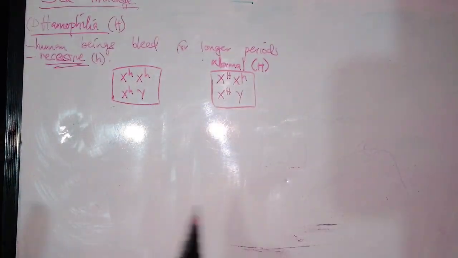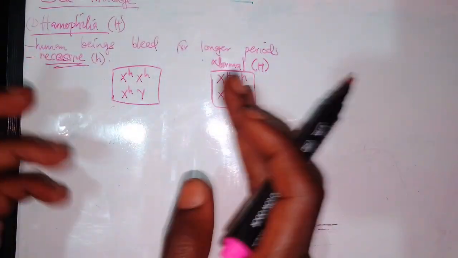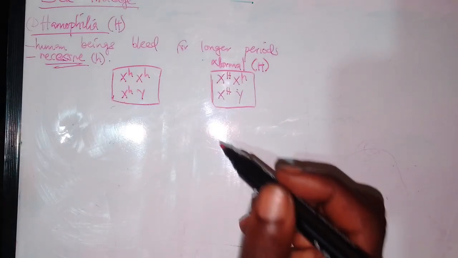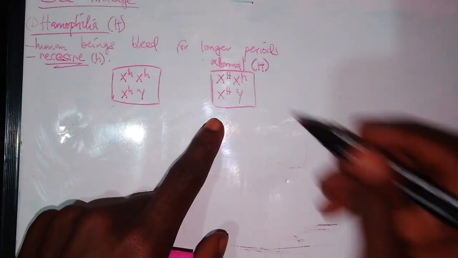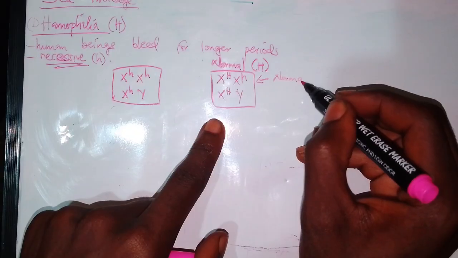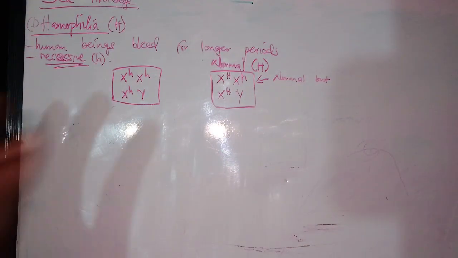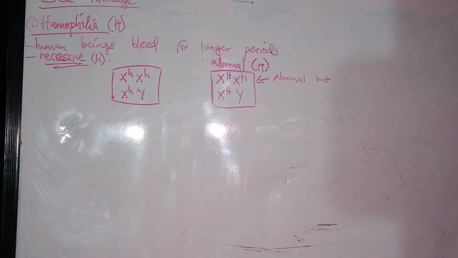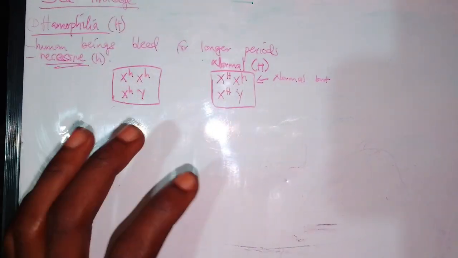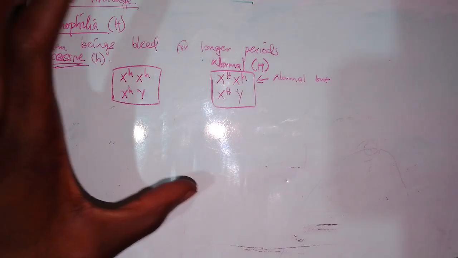Whenever we have an allele for hemophilia looking like this, it means this one is normal. There are two types of normal. The first one is normal but a carrier, meaning she is normal but she has the disease gene and she can transmit it. Then when you have this, this is just normal. So this is the first disease.